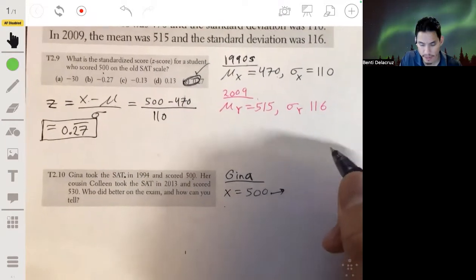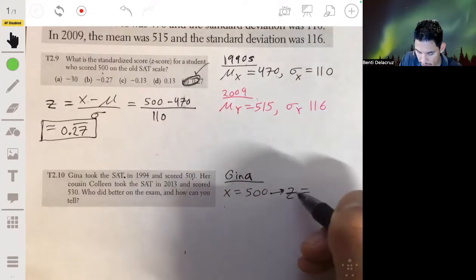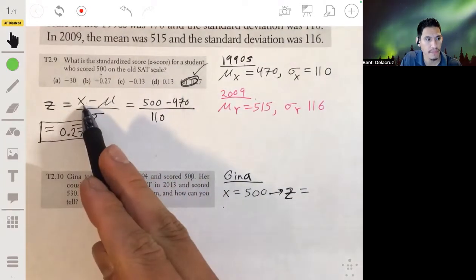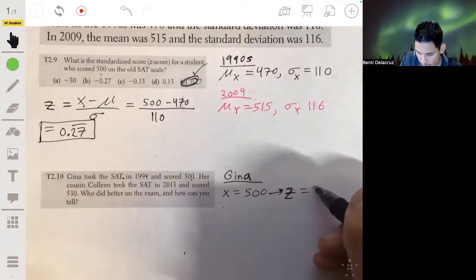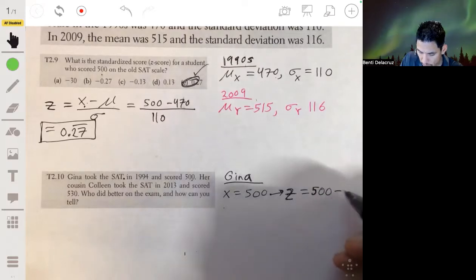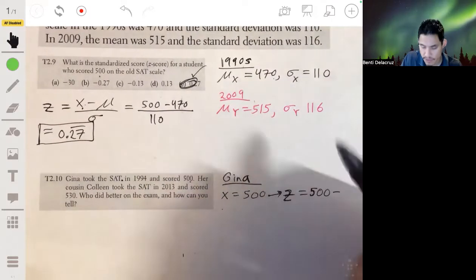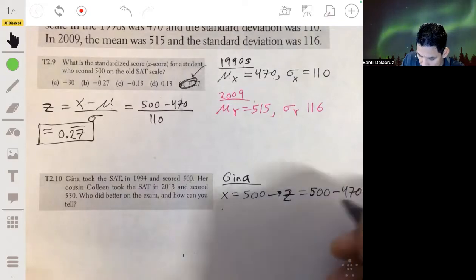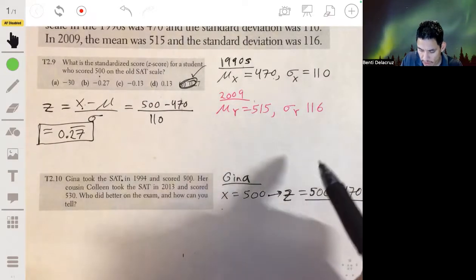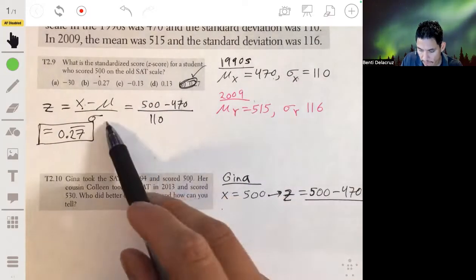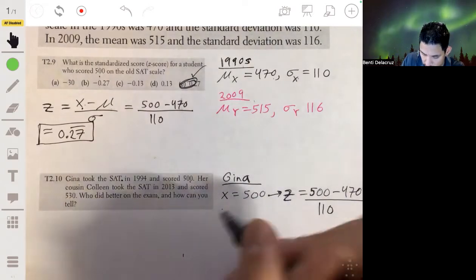Her Z-score would be equal to the observation value, X of 500, minus the mean during her years, which was 470, over the standard deviation, sigma, which in her case is 110.